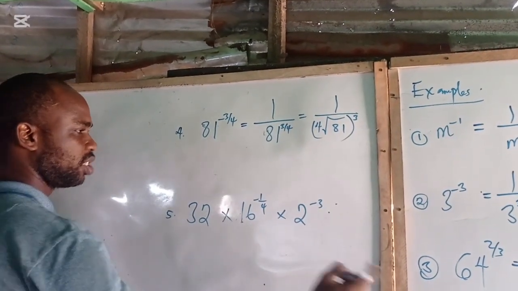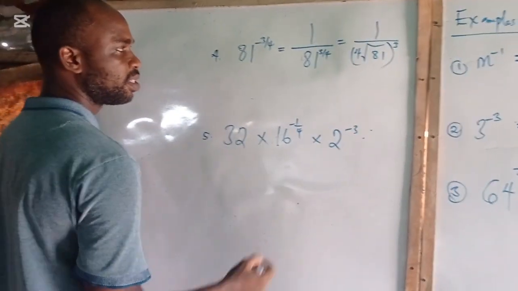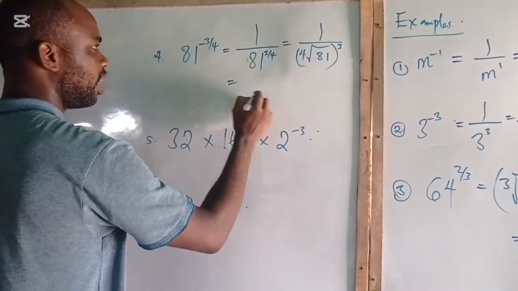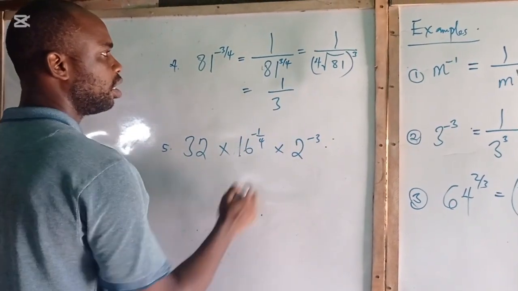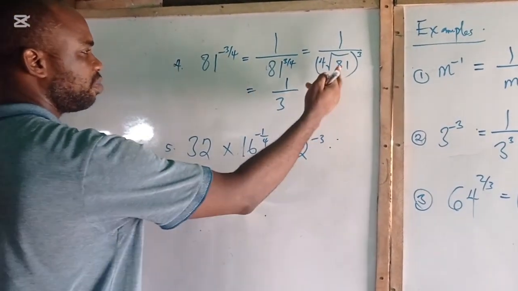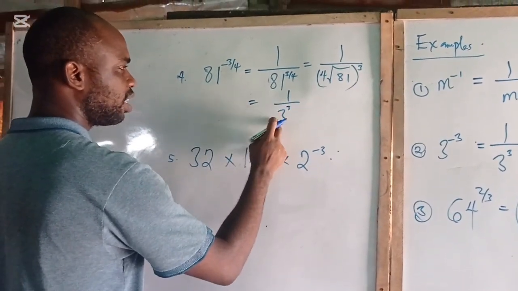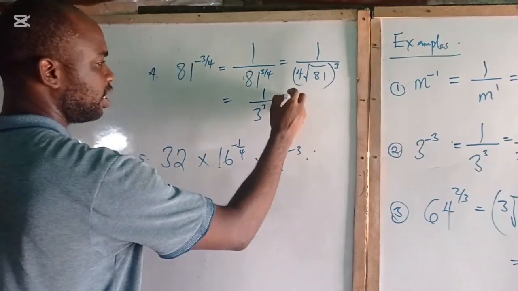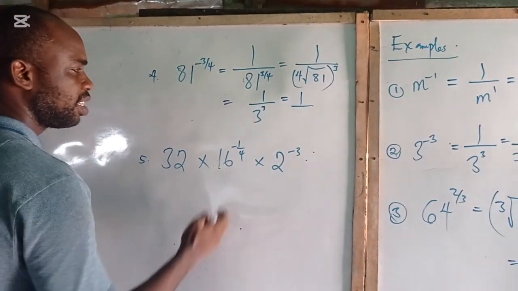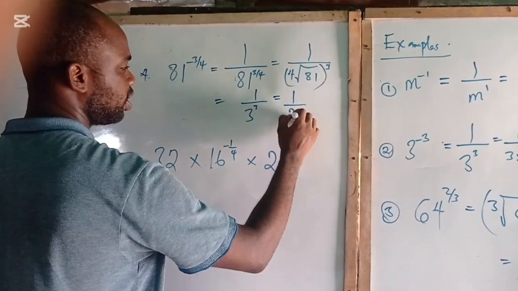Just like we discussed earlier, what number will you multiply by itself 4 times that will give us 81? That is 3. 3 times 3 times 3 times 3 gives me 81, and I bring down this 3. So that is exactly what you do. So 3 raised to power 3 is 3 times 3 times 3.